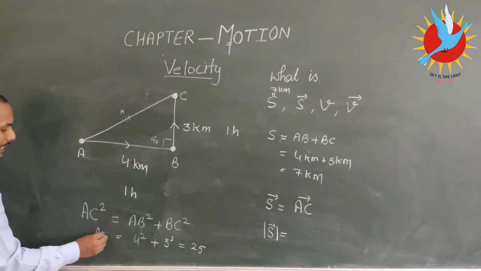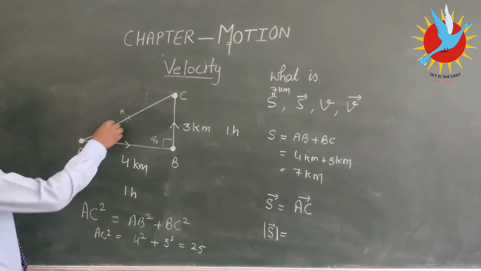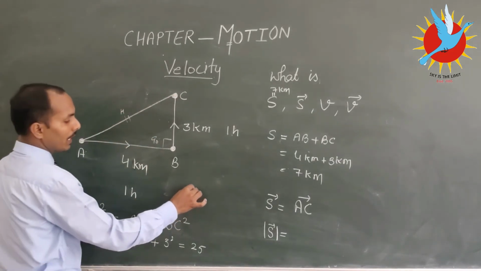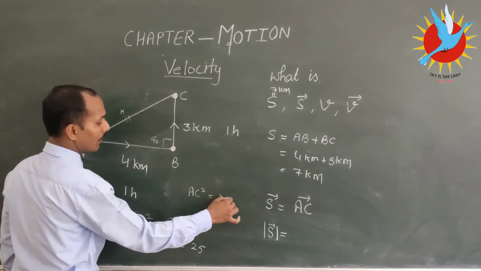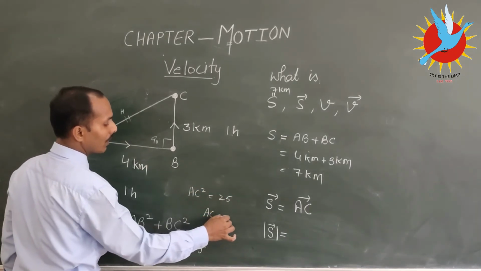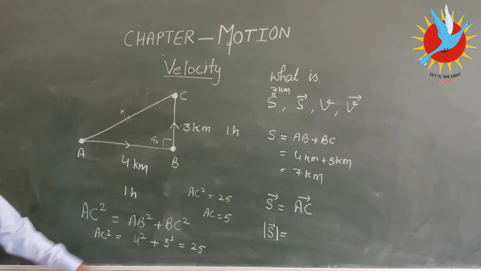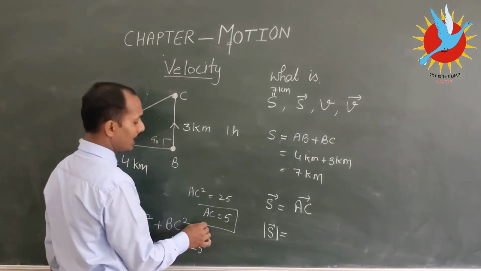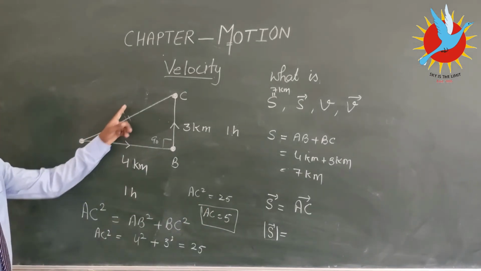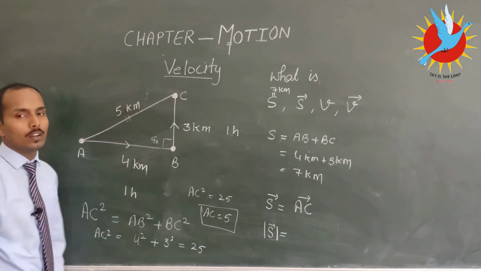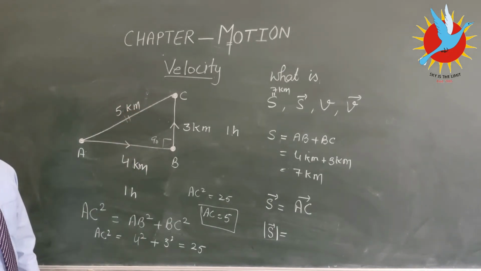We want the magnitude of AC, not AC square. So AC square is 25, then AC is equal to 5. Its length is 5 kilometer.